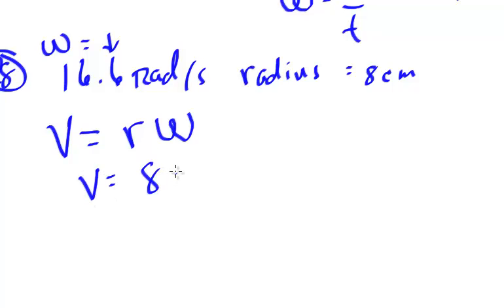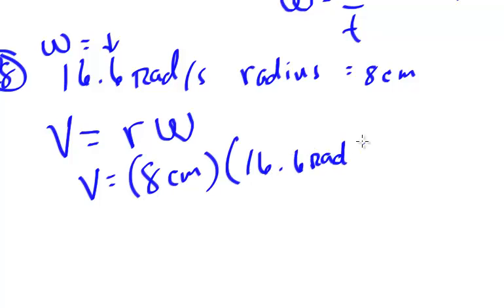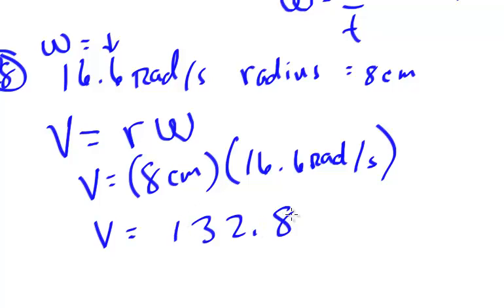So it's 8 centimeters times 16.6 radians per second, and that's going to give us a linear velocity of 132.8. And that will, of course, be centimeters per second, and that's its linear speed. It's coming out at a rate of 132.8 centimeters per second.